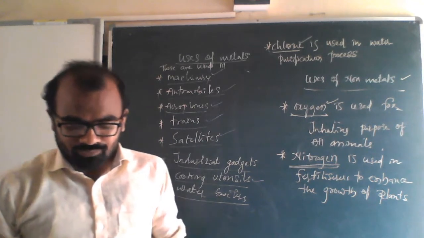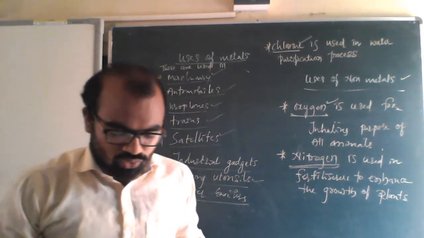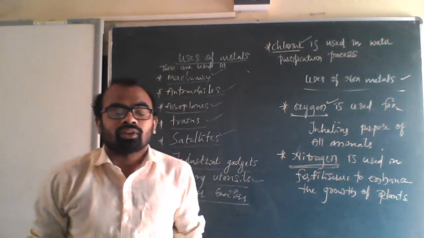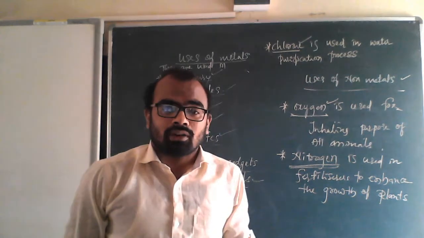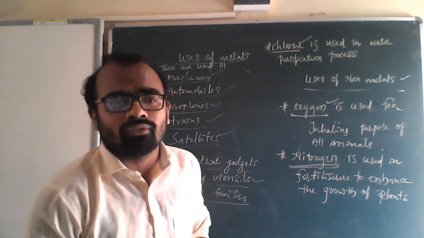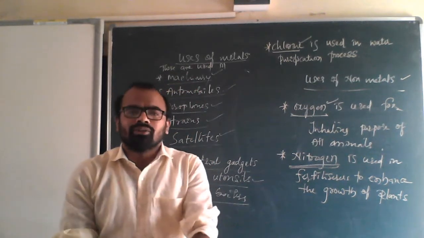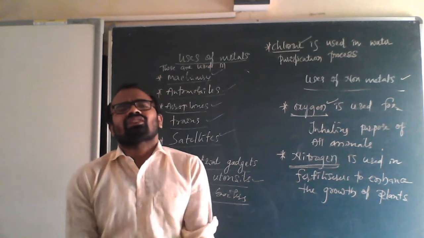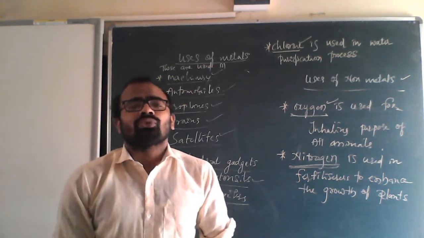And fourth one, non-metal used in the purple colored solution which is applied on wounds as an antiseptic. If you have gone to any hospital, somewhere if you have a wound and if you go to a government hospital or any other hospital, they will give you one ointment and you can read there.